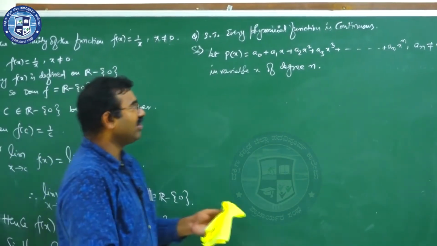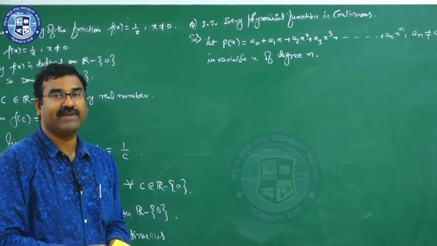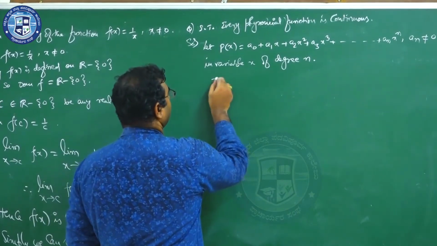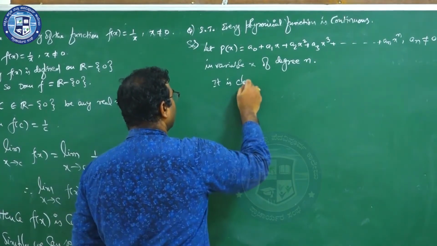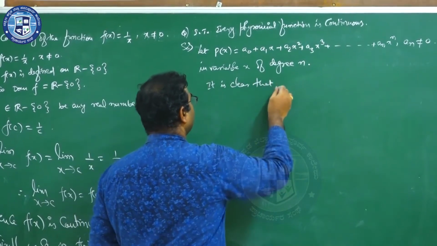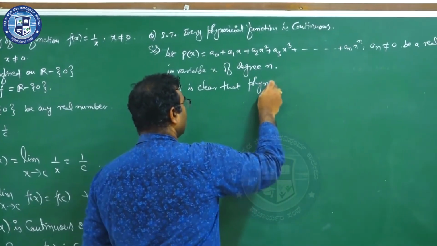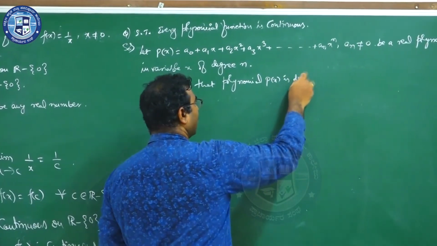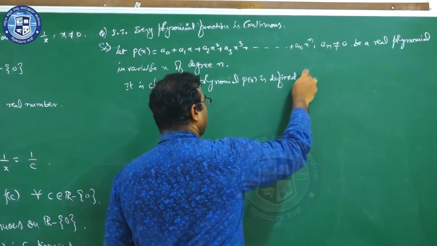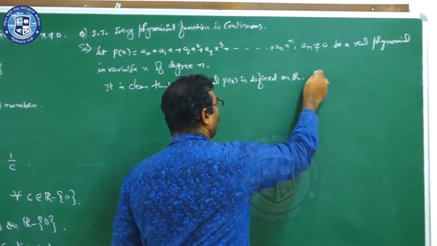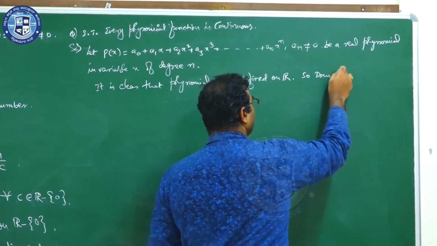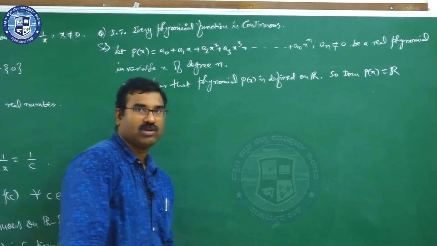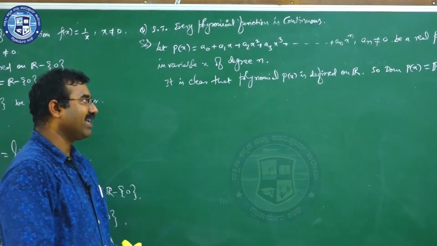Then we all know that the polynomial is defined throughout the real number system, right? It is clear that the polynomial p(x) is defined on R. So the domain of p(x) we can write as R.